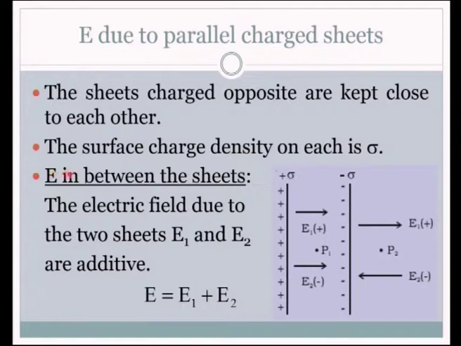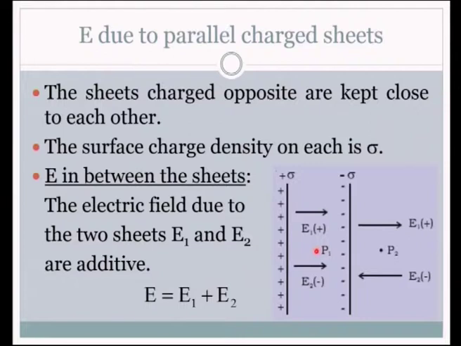But what about the direction of the electric field that is produced by the two parallel sheets? When we consider the directions, we will get some idea to solve this case. So, let us see how the directions exist due to the two sheets. Have a look at this. First, we are interested in finding the electric field between the two sheets. This is the region between the two sheets.